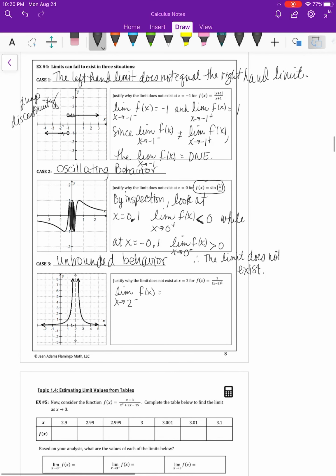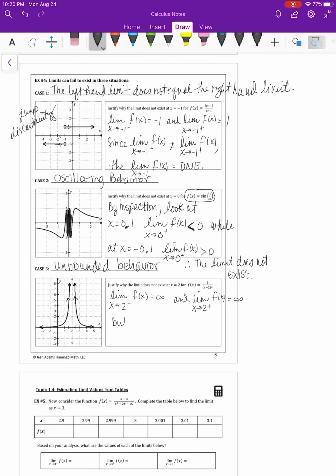If you're coming in from the left, you can see that your y values are going to infinity. And the limit as x approaches 2 from the right of f of x. If I put those x values in, I look at what my y is doing. This is also infinity, okay?